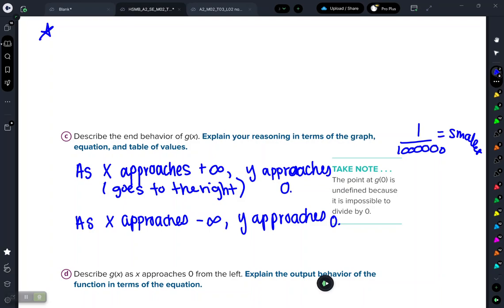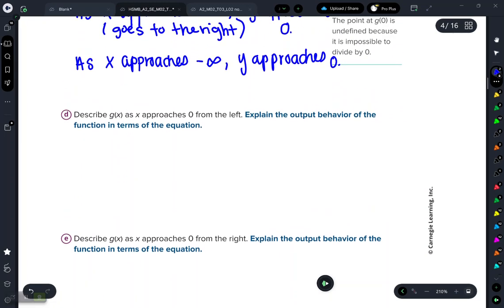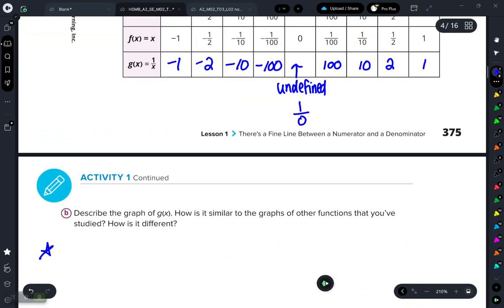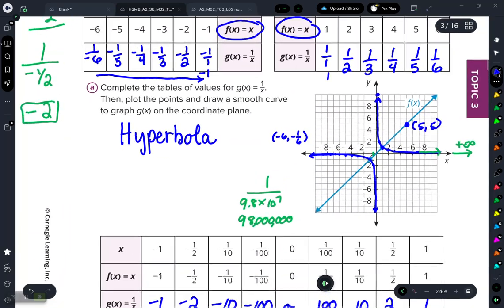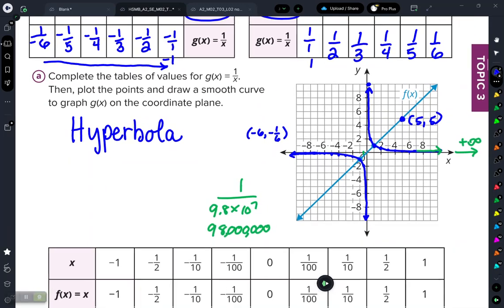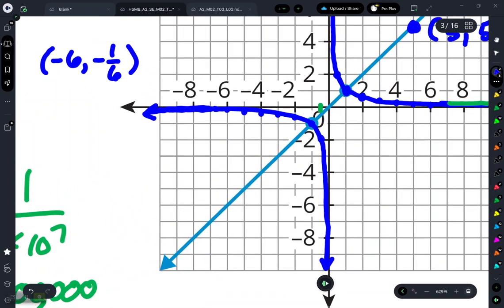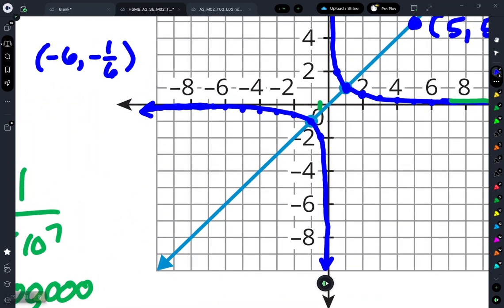Okay. Let's describe g of x as x approaches 0 from the left. Explain the output behavior of the function in terms of the equation. Okay. As x approaches 0 from the left, all right, so what are they talking about?